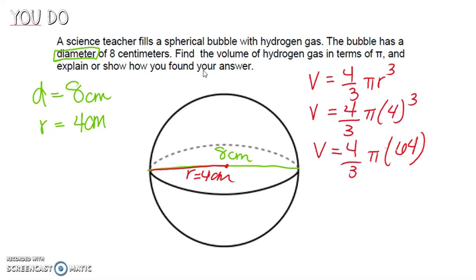And when we take a third of that, we end up with 64 times 4 divided by 3, approximately 85.33 pi centimeters cubed. It did say in terms of pi, so we are just going to leave that there.